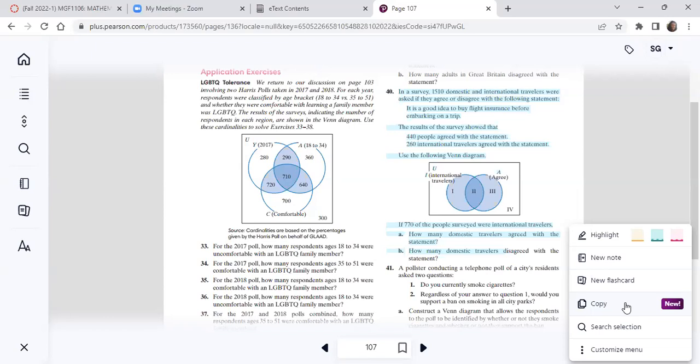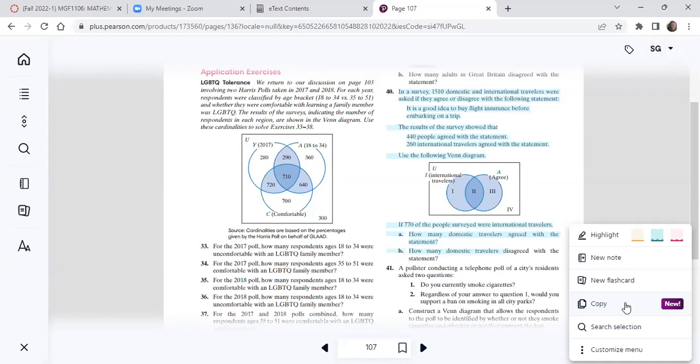So we have 3 regions corresponding to 2 sets.